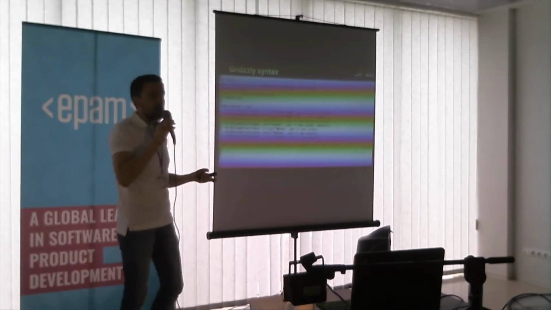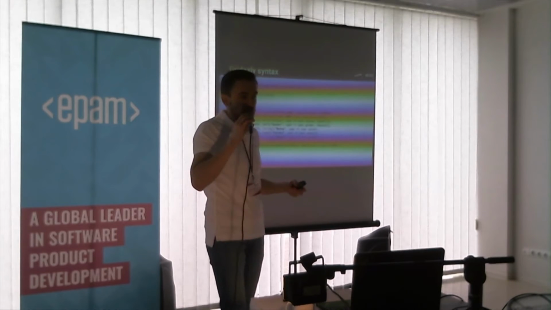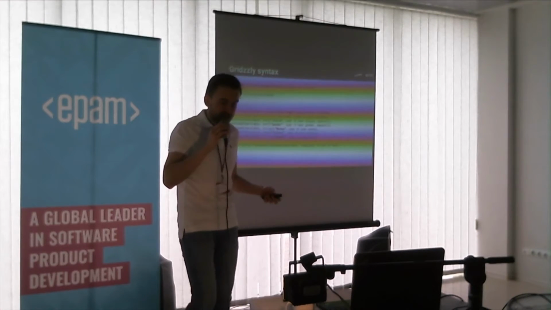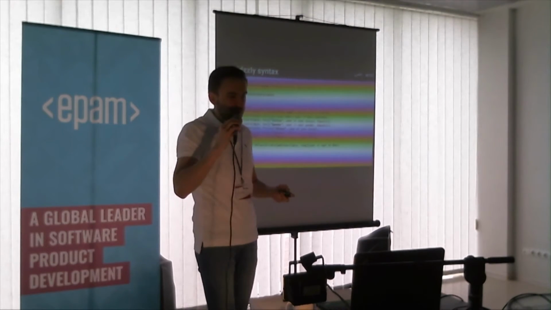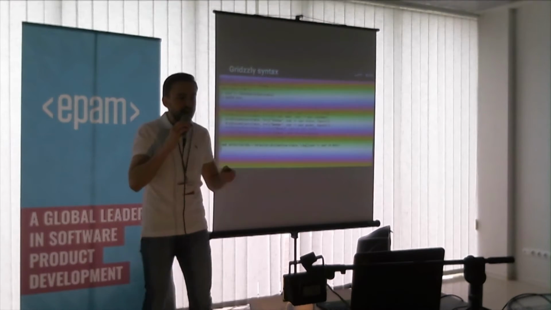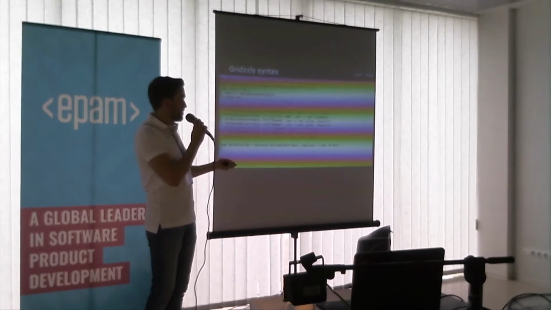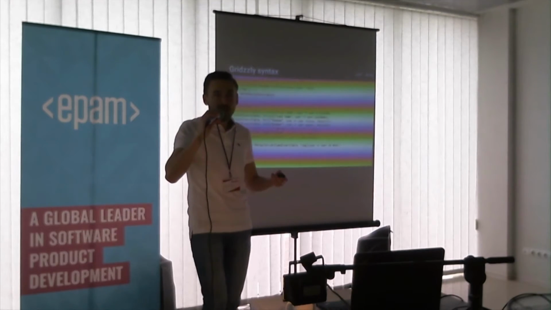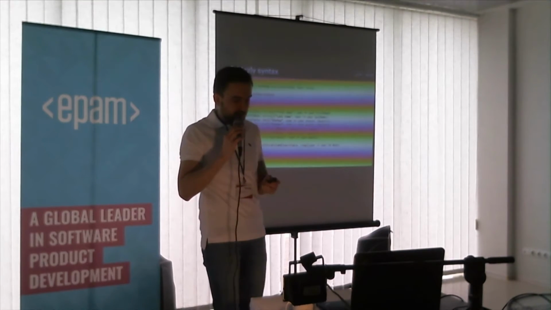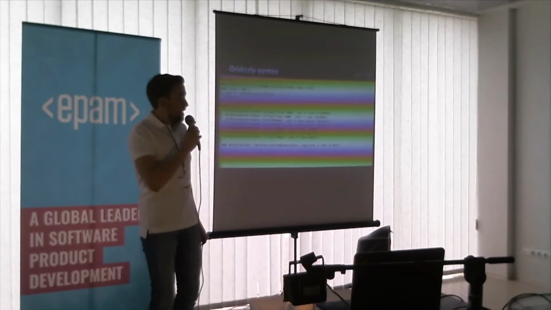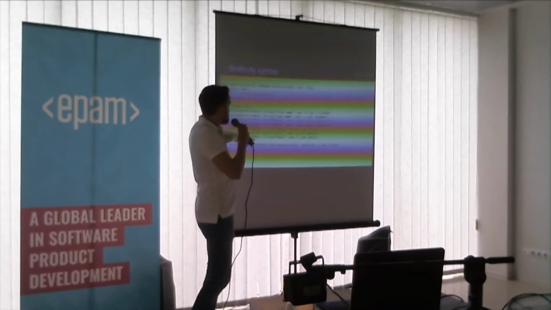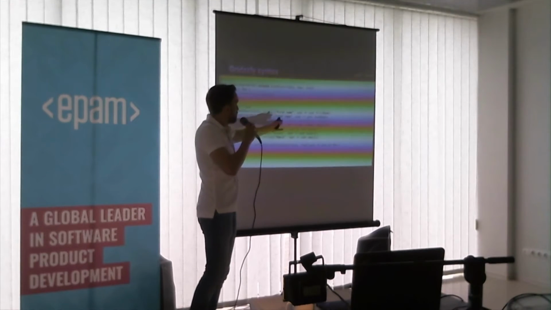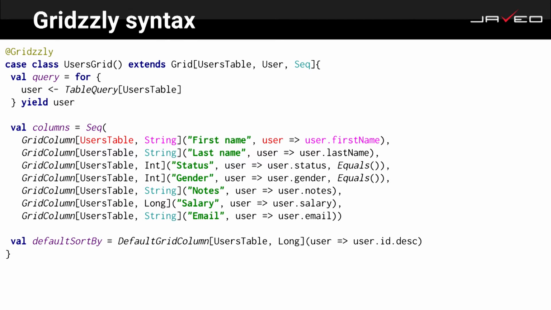Because one of the problems was IDE support, and yesterday's talk about Scala, the guy who was talking about Scala, also had the same problem, because the IDE couldn't see methods generated by macro, and it's kind of a problem. So I thought it would be easier if you have to provide some types and the developer would know how the rest of the code should look.